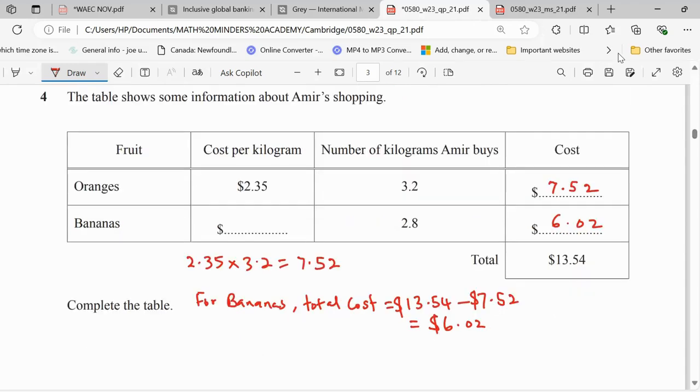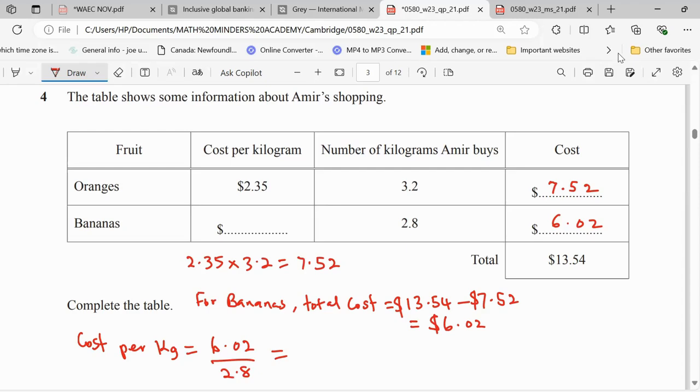Now, for us to get the cost per kilogram, since 2.8 kilograms of bananas are actually purchased, the cost per kilogram is going to be 6.02 all over 2.8, because this is the total number of kilograms.